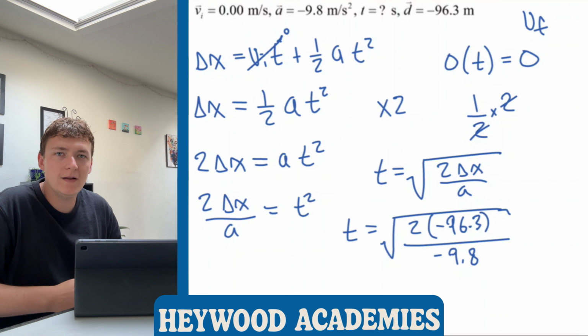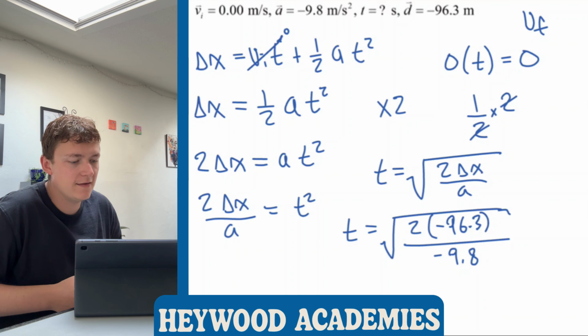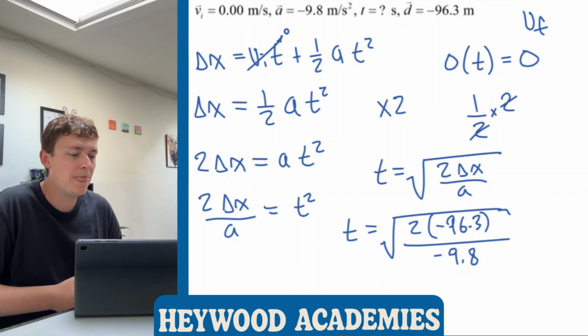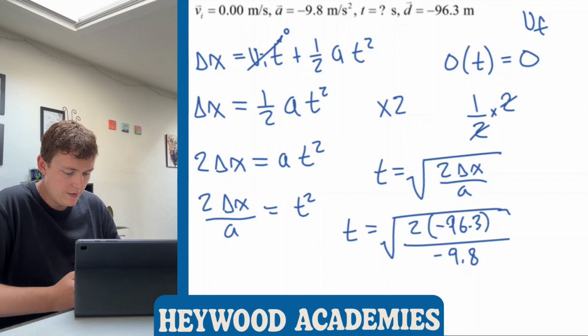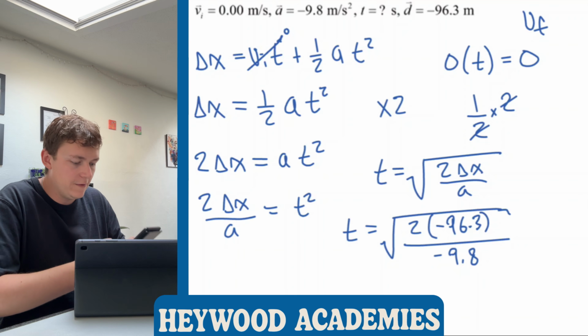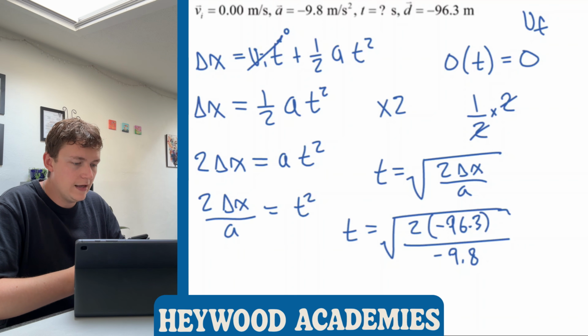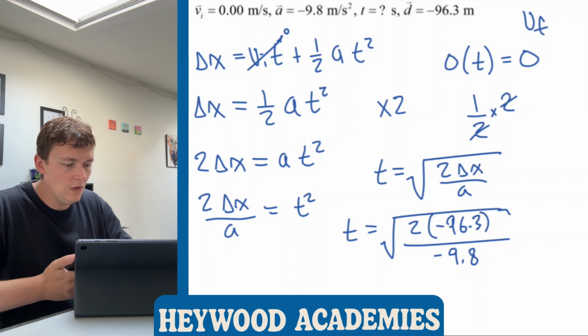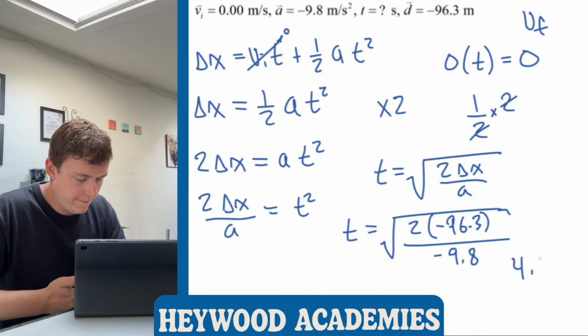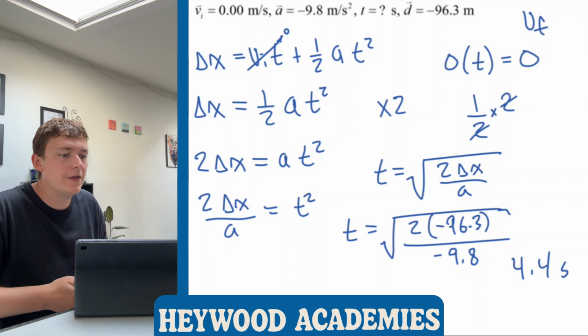So if you're trying to plug in a square root and your calculator is just giving you an error, it's something to do with the negatives that's messing you up. With this one, we've got a negative on the top and a negative on the bottom, so we should be okay. Those negatives will cancel out and give us a positive number, and that will work for us. So when I plug this in, I get 4.4 seconds for the answer for that one.